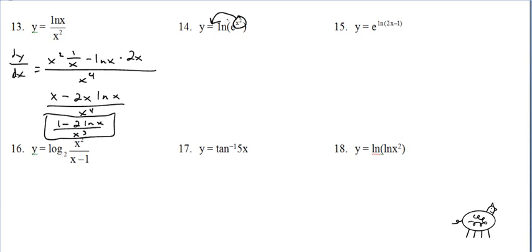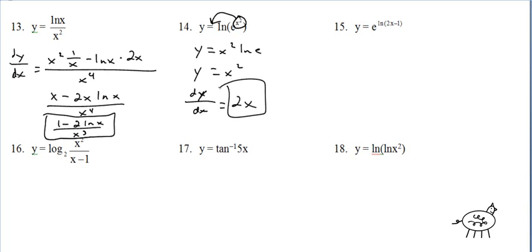So I can really write y equals x squared times ln of e. What's ln of e? 1. Hey! y equals x squared. Okay, not that bad. And if you do the derivative, that's really easy. dy/dx equals 2x. That's just, again, knowing your properties of logs to figure things out.